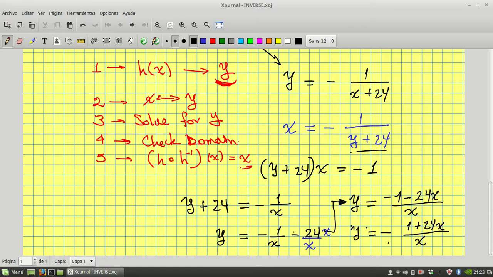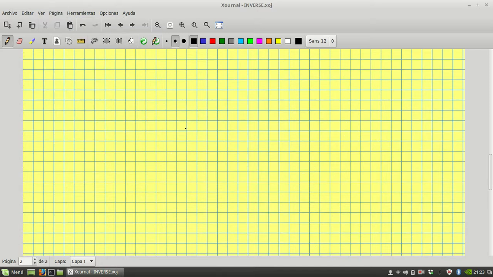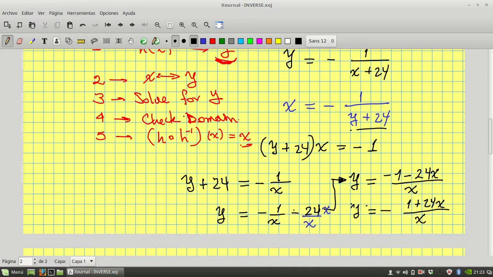Okay, so we have the inverse. We haven't checked if the inverse is right or not, but this is the inverse.